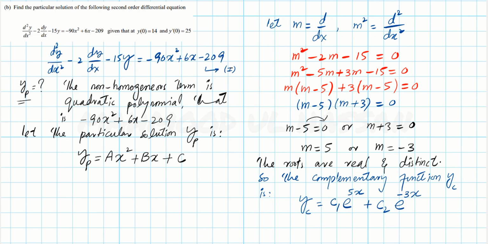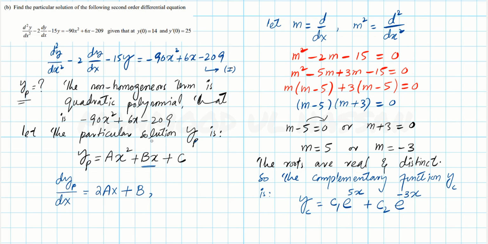Next we are going to find the first derivative of this particular solution and the second derivative as well. The first derivative, dy sub p over dx, equals 2ax plus b, since the derivative of c is 0.